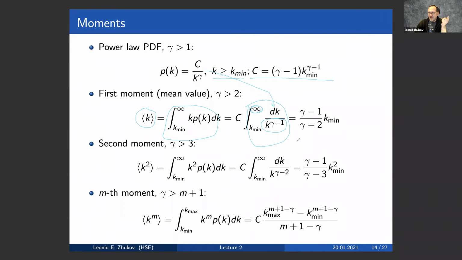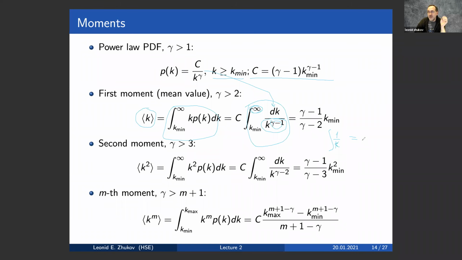So what we need for this to converge is for gamma to be at least 1, because if you have, say, 1 over k, then what's the integral of 1 over k? Oh, come on, what function do you need to differentiate to get 1 over k?